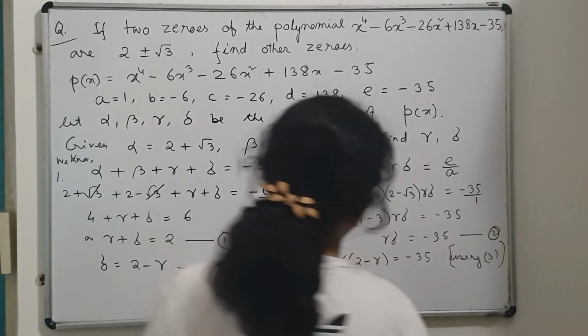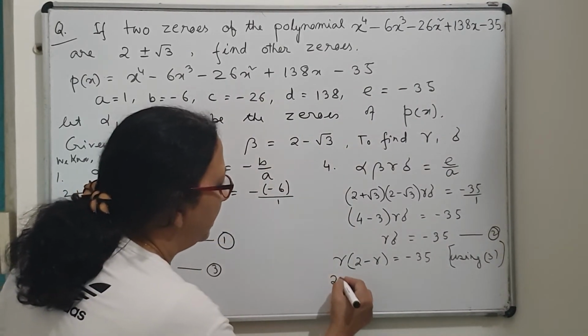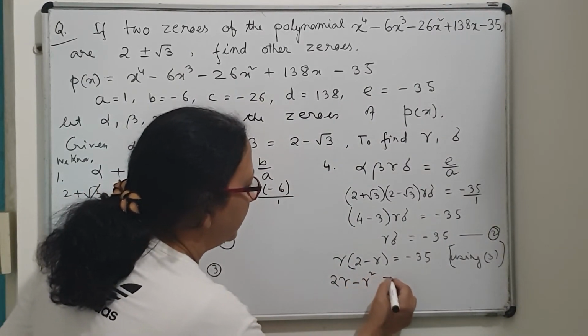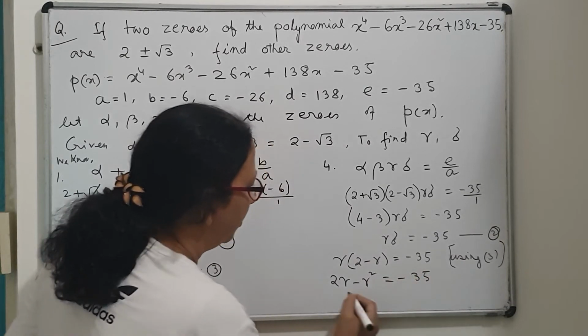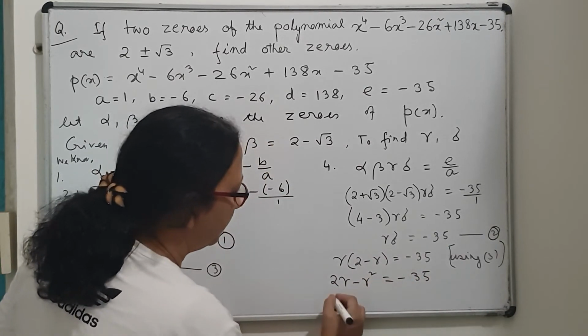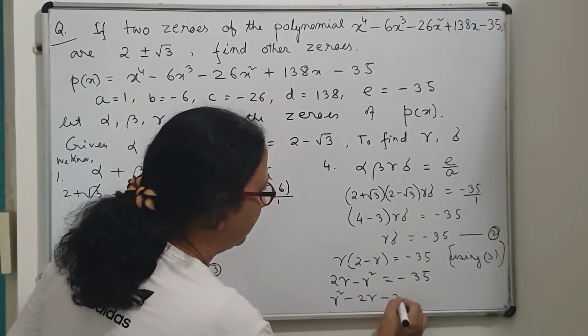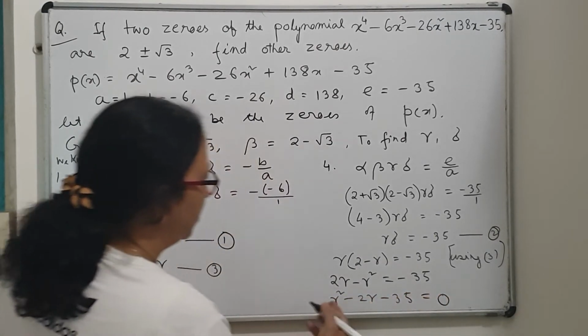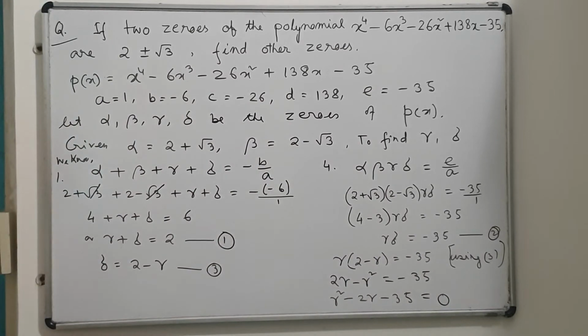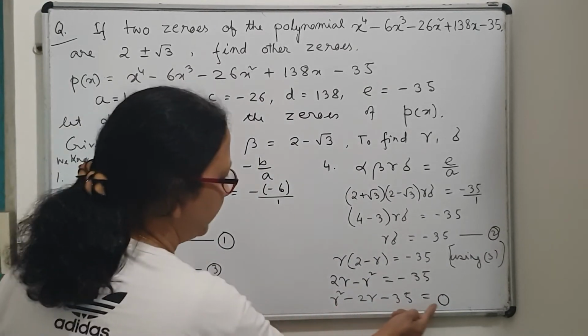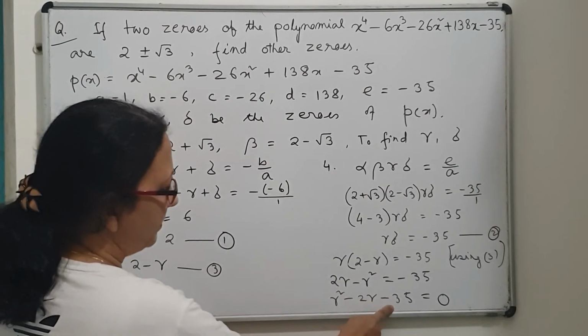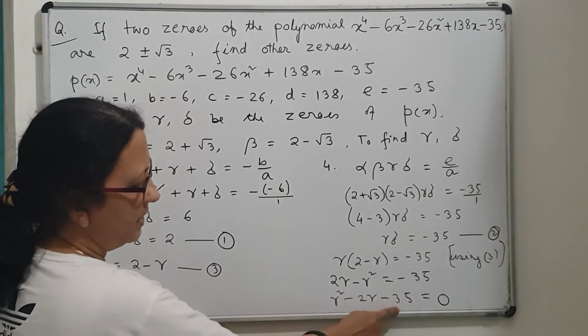Then I'll open this. 2 gamma minus gamma square is -35, or I can take this to the other side. It will become gamma square minus 2 gamma minus 35 is equal to 0. So I am getting an equation like this, which can be factorized by splitting the middle term. 7 times 5 is 35, and 7 minus 5 is 2.